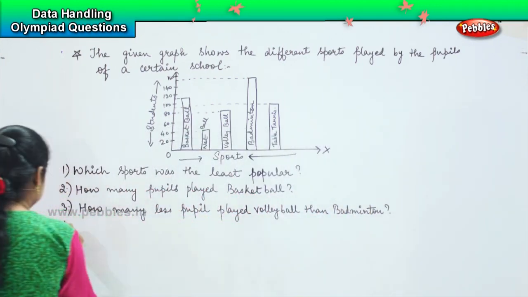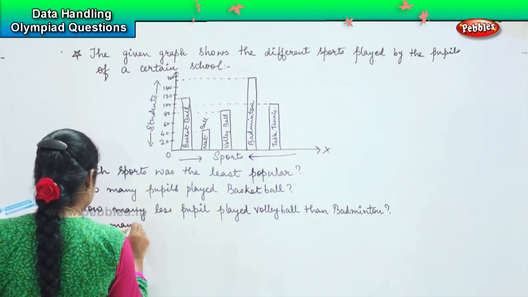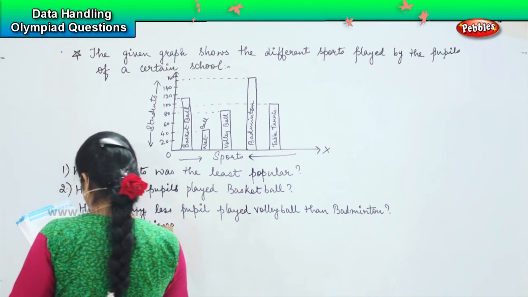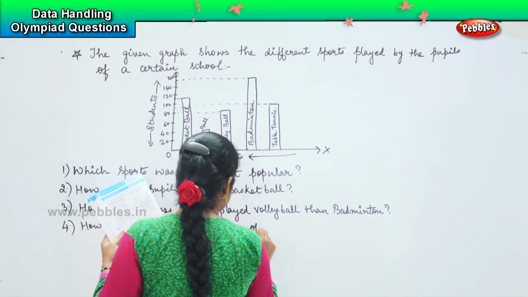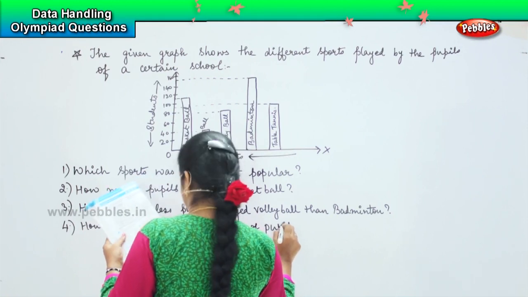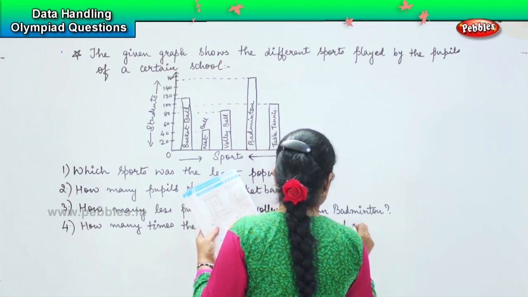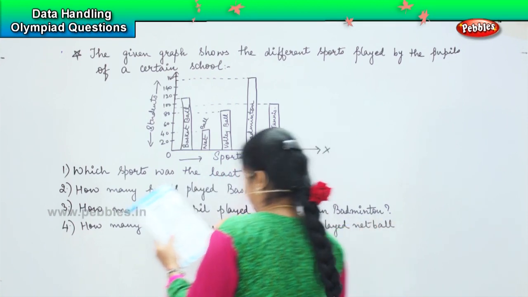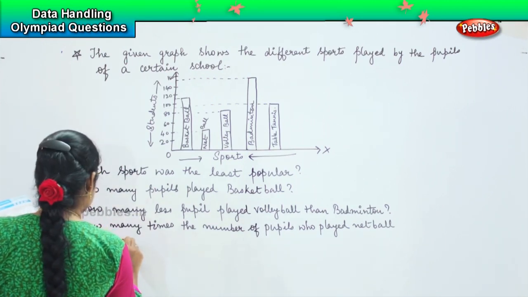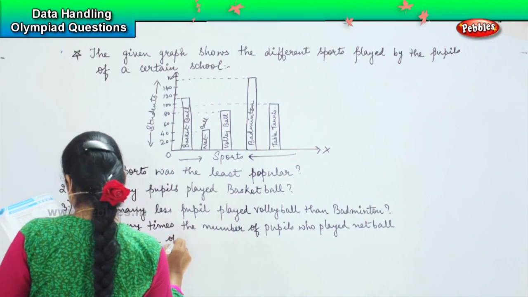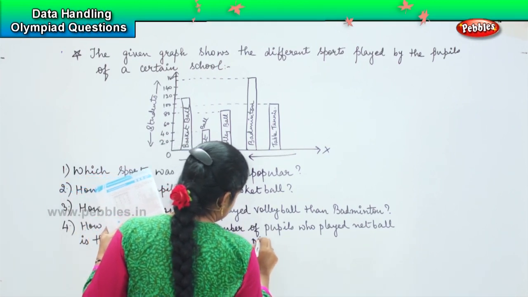The next question, how many times the number of pupils who played netball is the number of pupils who played volleyball.